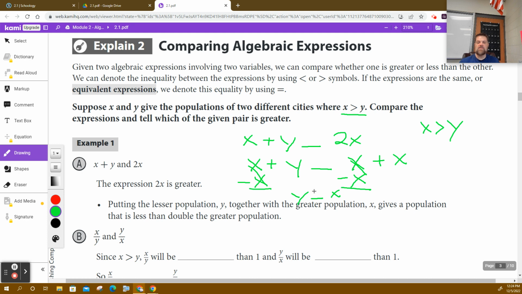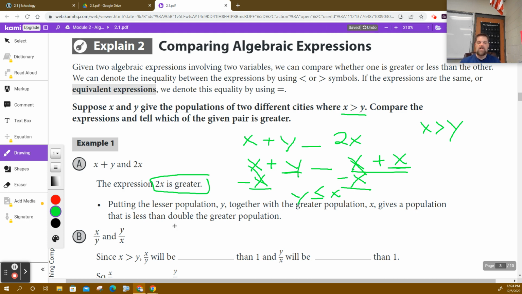But we said x is greater than y, or this expression is less than x, and that's where they get 2x is greater. Because this x is greater than this y, so this sum over here will always be greater than this sum.